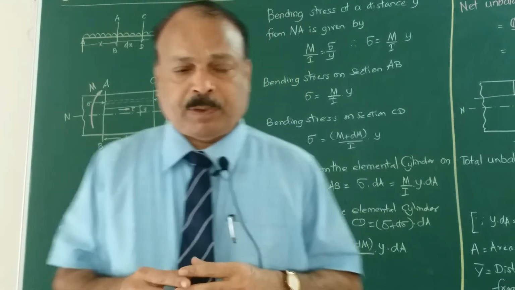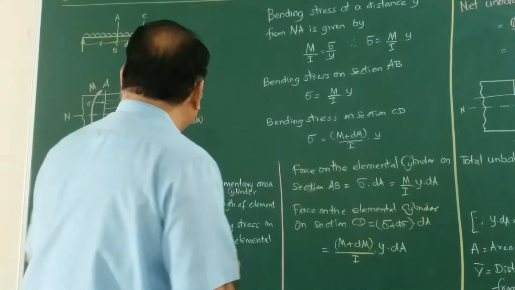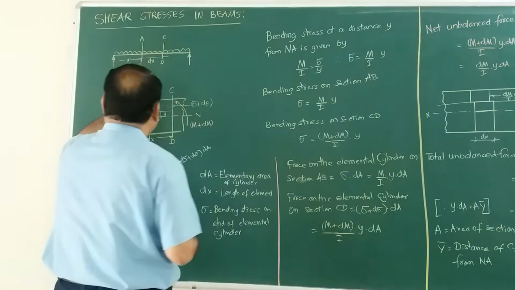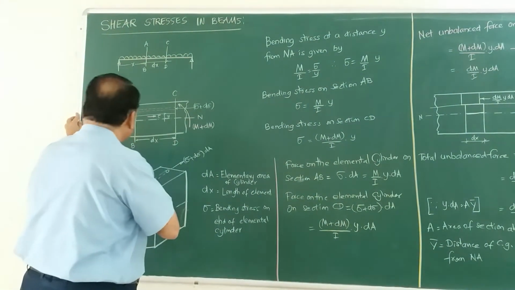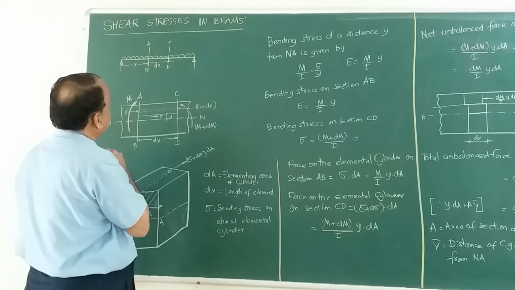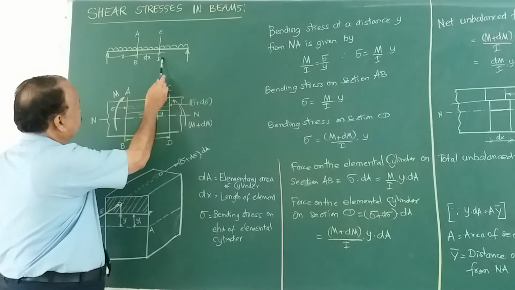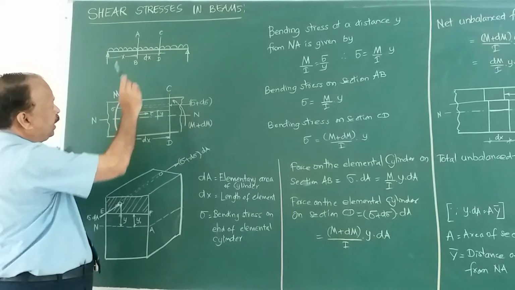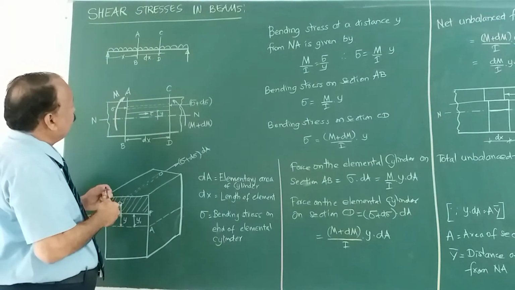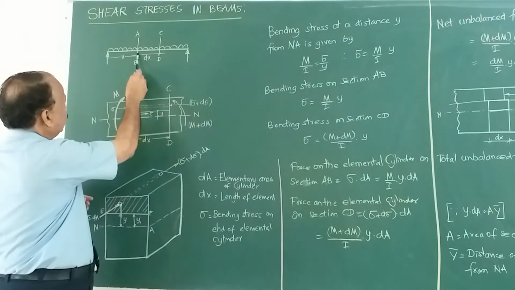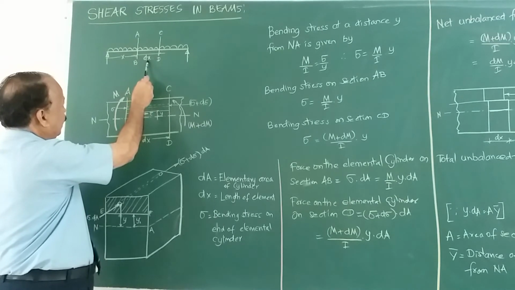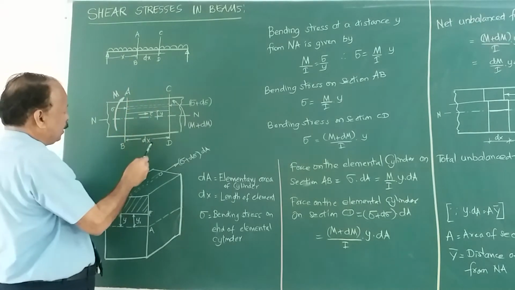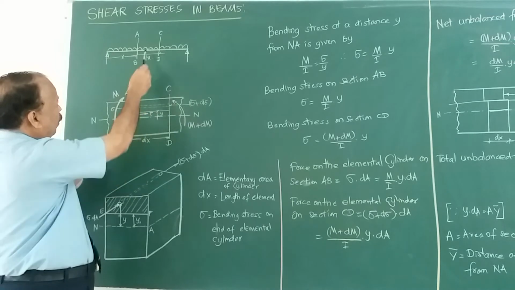Now we'll take up a beam of span L, and we'll take two sections AB and CD at a distance dx. This is a beam loaded with UDL or any kind of load. Considering the two sections AB and CD at a distance dx apart, this is a magnified view of the section.